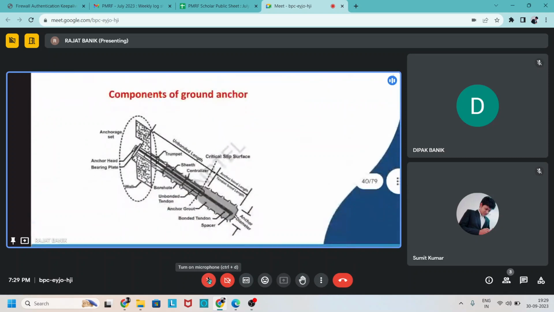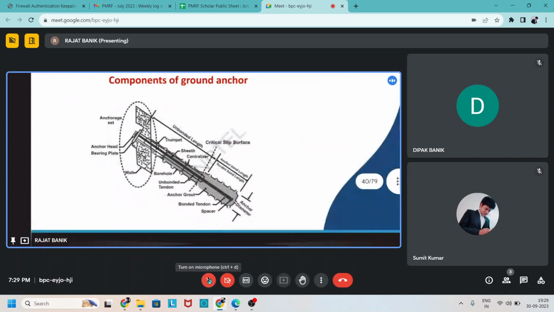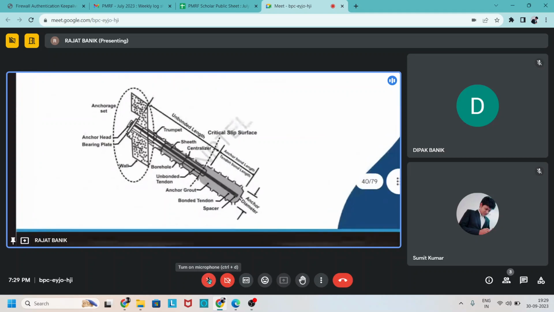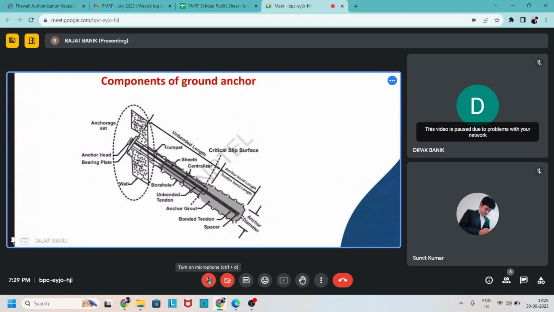So there is one arrangement given, the ground anchorage arrangement. You see that it is used at the top of the anchorage, to insert or clip this anchor into the ground.